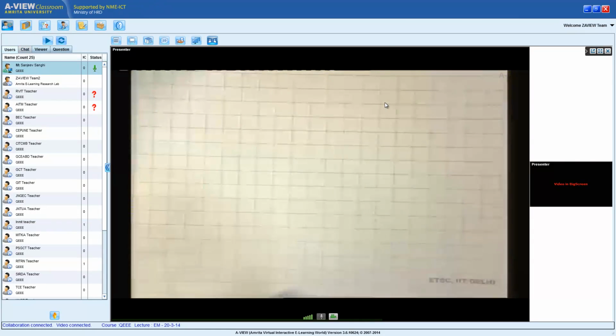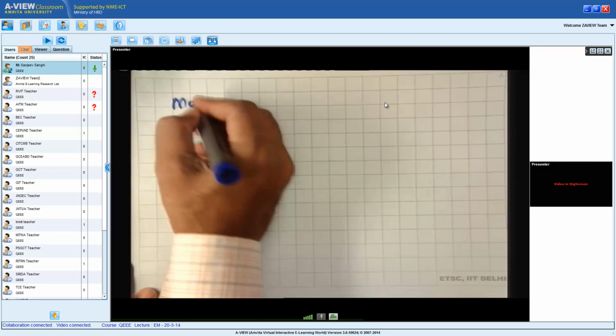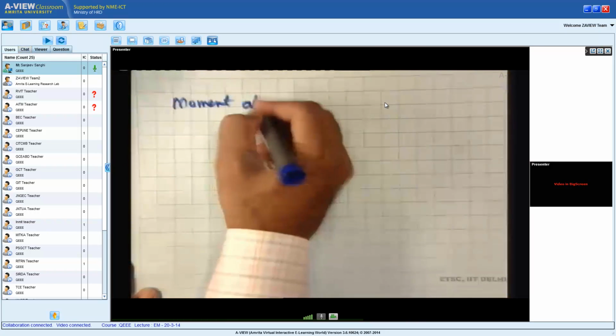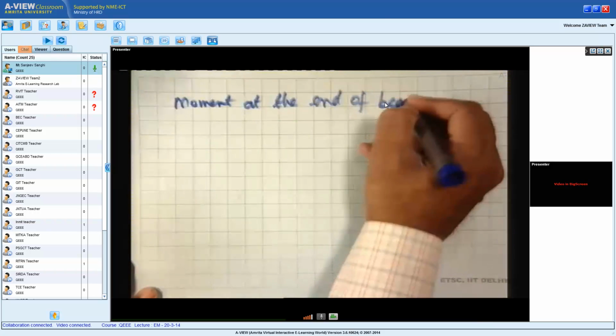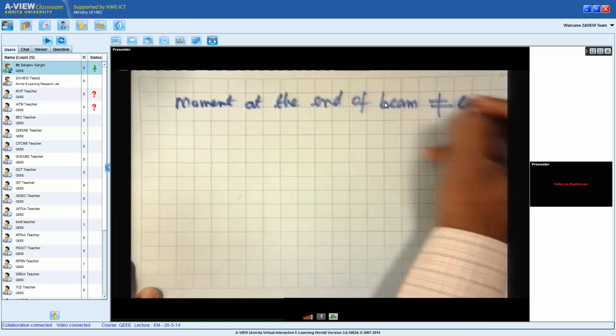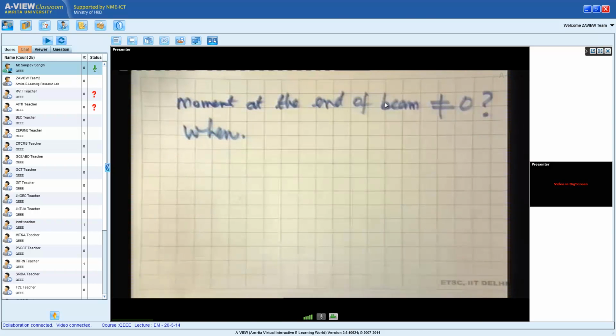So now, the question which I ask is, when does the situation arise that the bending moment at the end of the rod, at the end of a beam, is not equal to 0?